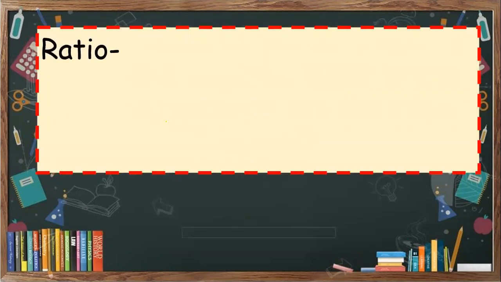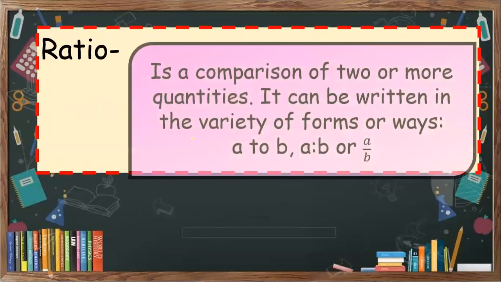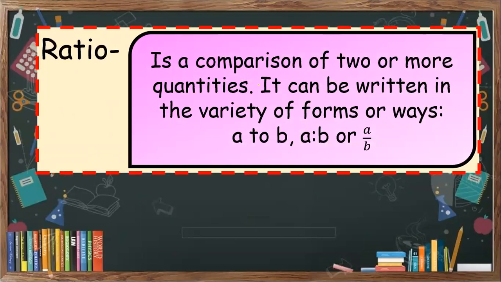Now, what is ratio? It is a comparison of two or more quantities. It can be written in a variety of ways. It can be A to B, or in a sentence form where A is the first quantity and B is the second quantity, or it can be A is to B using this colon, or A over B, or A divided by B, or in fraction form.